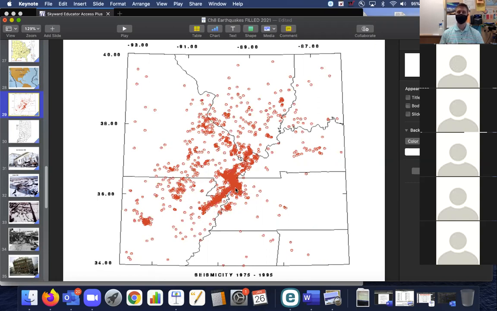It's where they're really tightly grouped together and overlapping. It gives you a good picture of where that fault is, because that's where the earthquakes are happening. And again, from there, Indiana's in the upper right-hand corner. It's not very far, really. Just a few hundred miles away.